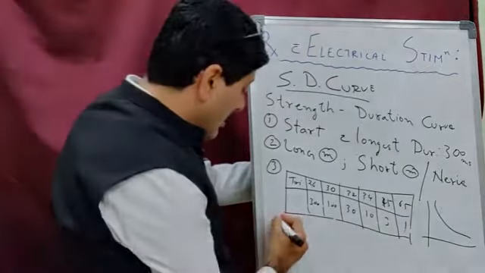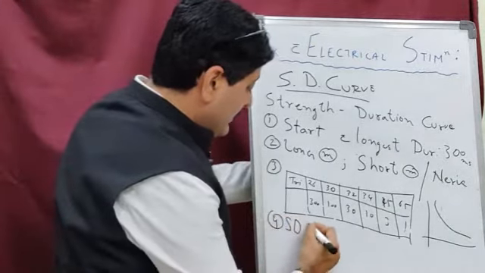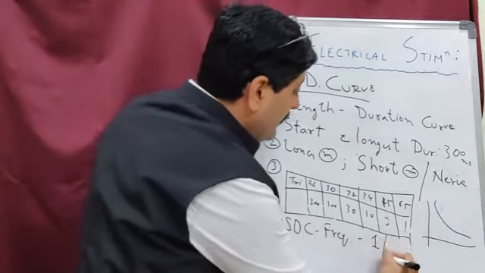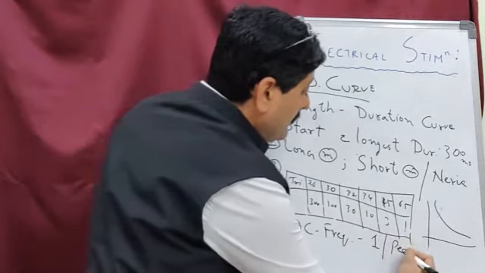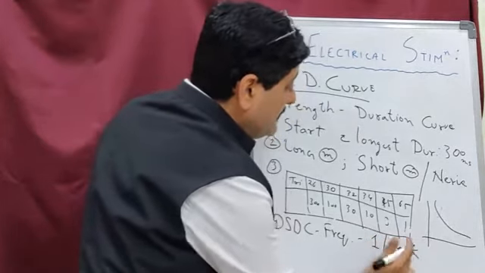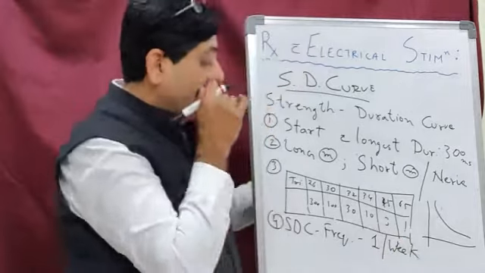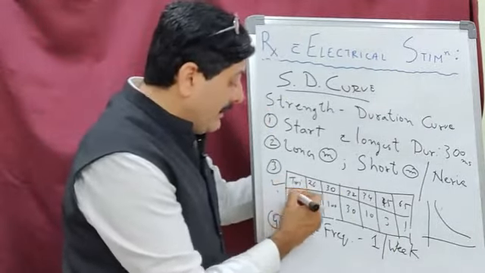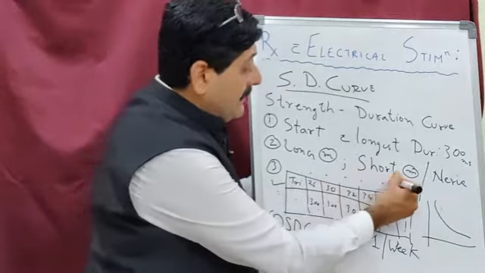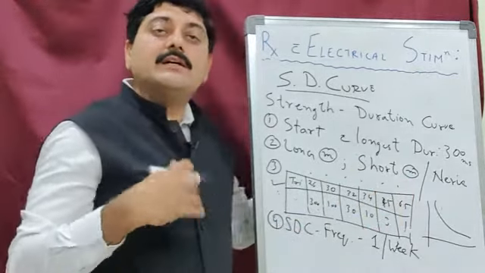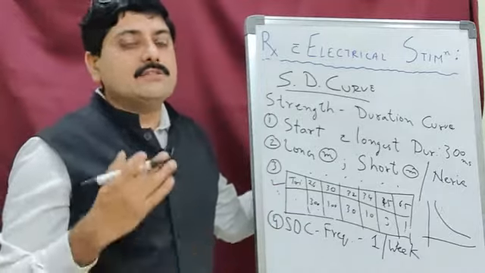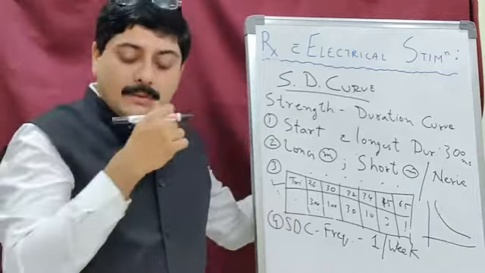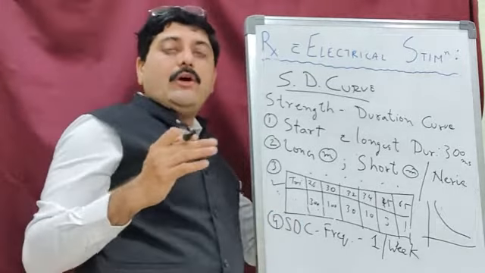Now how often you should do SDC? Frequency should be 1 per week. Okay, the SDC frequency should be 1 per week, because every week when you take the SD curve, you will see the improvement in this data that will show whether the nerve is recovering or whether it is not recovering. Okay, so this is how it is going to give you an idea of the recovery of nerve.